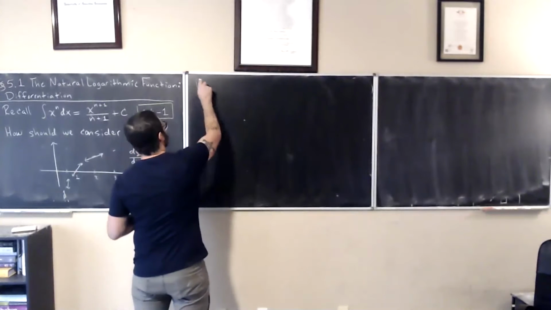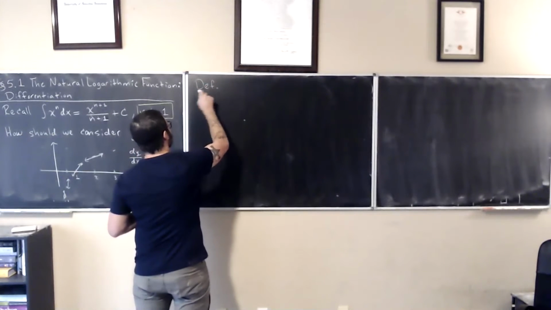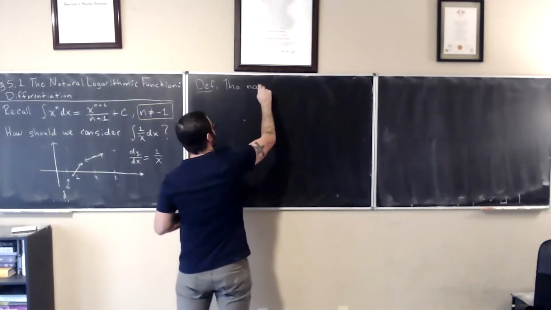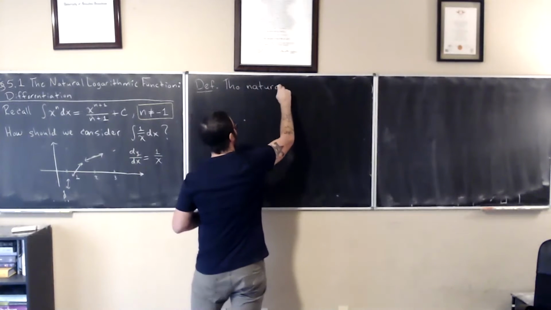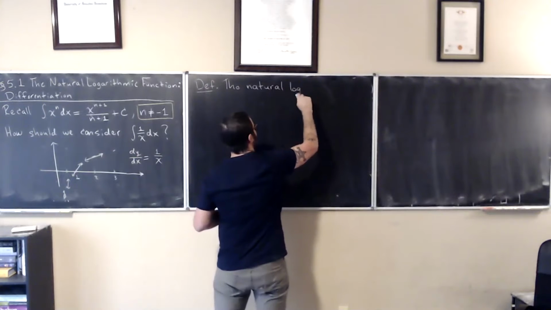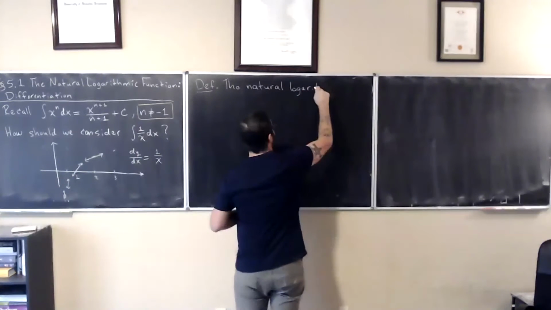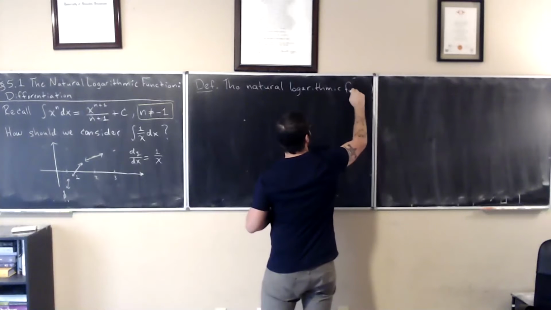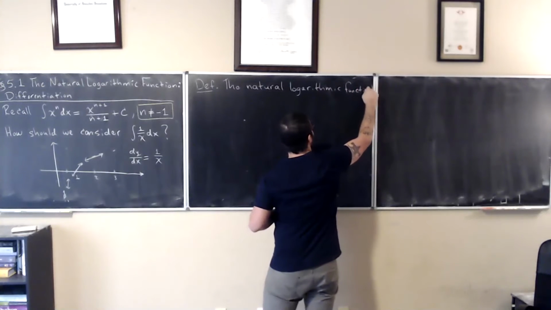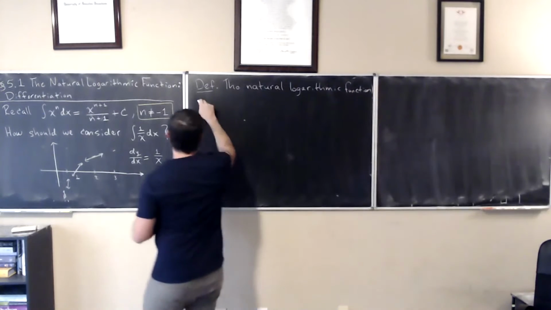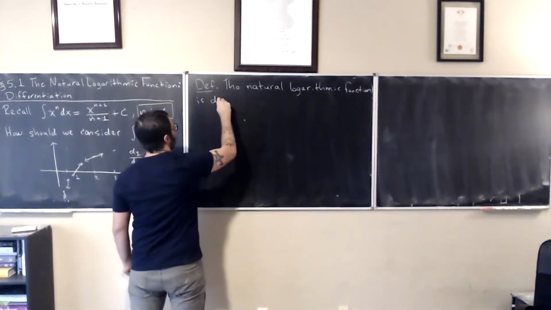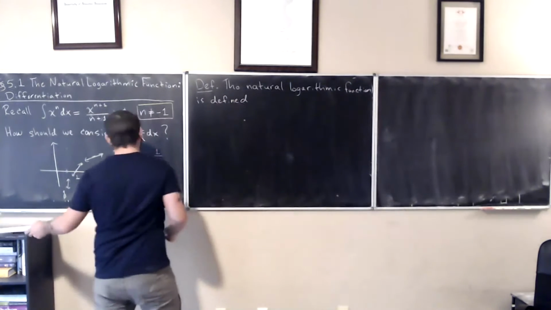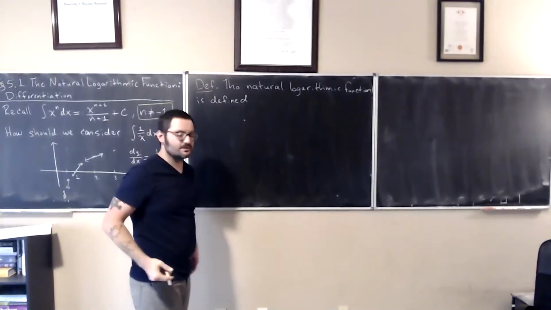So that's the definition. The natural logarithmic function is defined, and there's actually several ways to do this, but this is how we're going to do it using calculus.